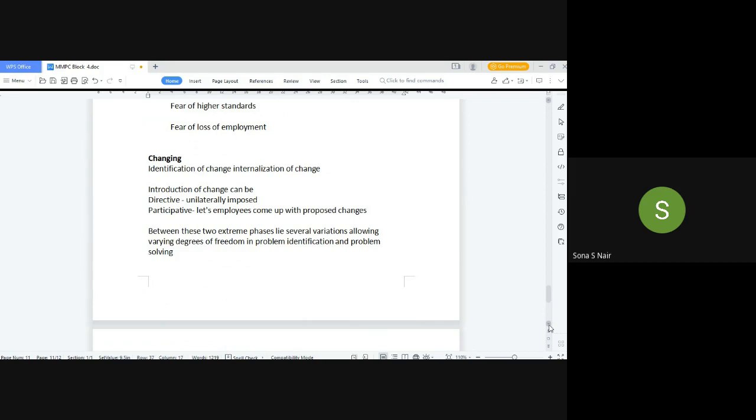Identification of change and internalization of change. You've already in the beginning decided what it is that you want to change, when we were talking about the structure or the people or the technology or the task, and you've already now, in the first phase, made people ready for change.